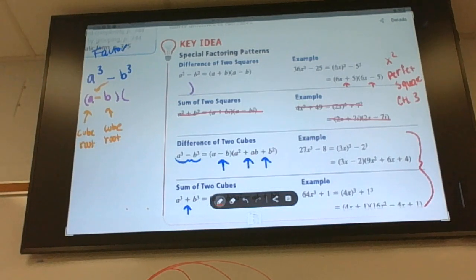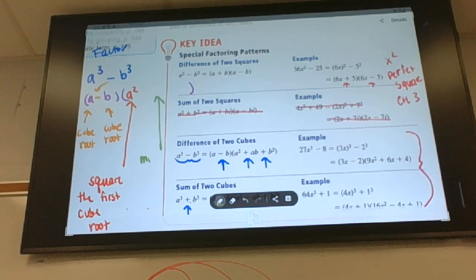Okay, now, right here, I square the first cube root. So in the trinomial, I'm going to put a squared. Then in the middle, multiply the cube roots together. So in this situation, it will be a times b. I'll put ab here.